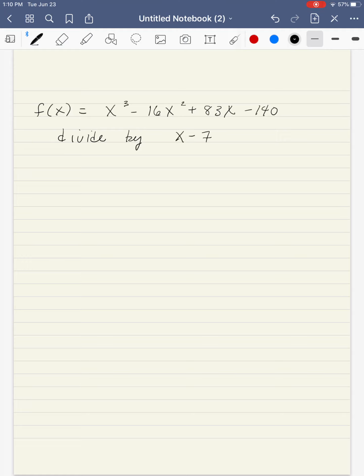And we're going to divide this one by x minus 7. So you go ahead and set up the synthetic division, do the division, and again, I want you to write this in the form f of x equals what we're dividing out, the x minus k, times the quotient plus the remainder. Pause the video, do that work, and then start the video back up.